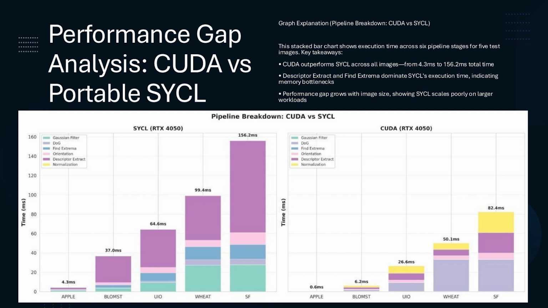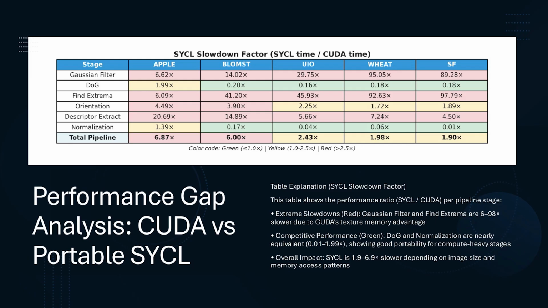And you can see that the stages that are most reliant on the hardware accelerated interpolation by the CUDA texture are the ones that have the biggest slowdowns. This is further shown in this table, where the only ones that are faster are the ones that don't utilize the CUDA texture support.